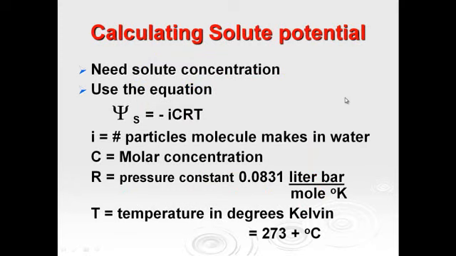To be able to calculate solute concentration, this is what you will need to be able to do on the test and on the national exam. So here's what happens. Your solute potential is equal to, and here's a formula from chemistry, negative iCRT. i is the ionization number, the number of molecules the solute breaks down to when it ionizes in water.